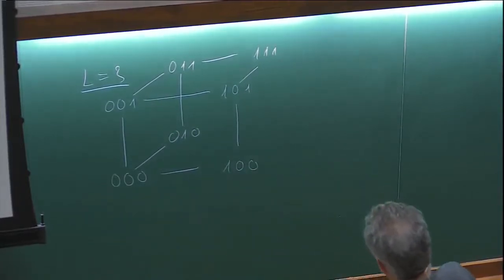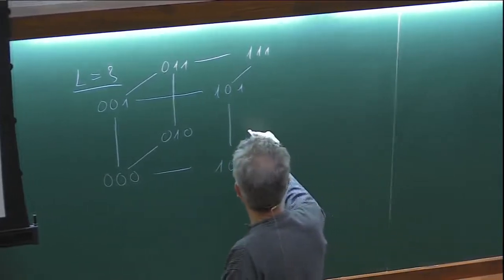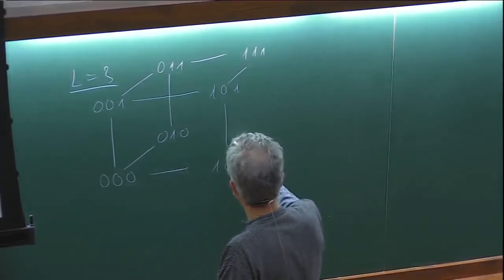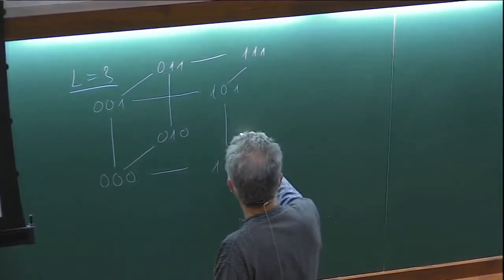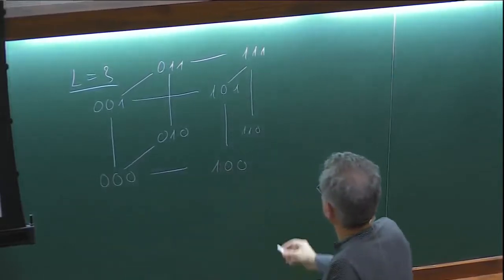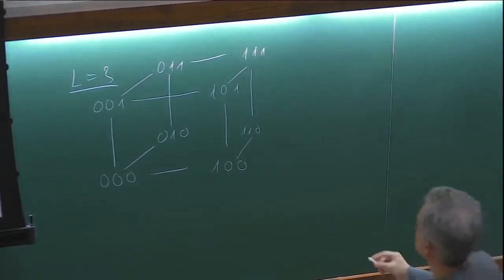And then something is missing. Yes, we have something down here, right? So here there should be the 1, 1, 0, I guess, right? Okay, it's a little bit squished, but you can see what it is. It's a cube, okay?